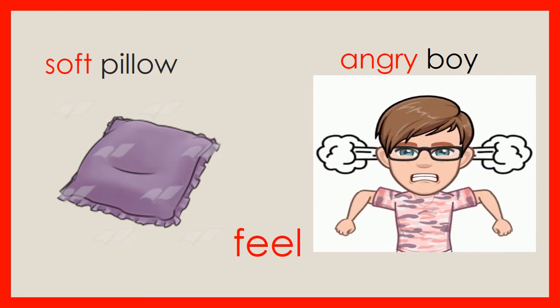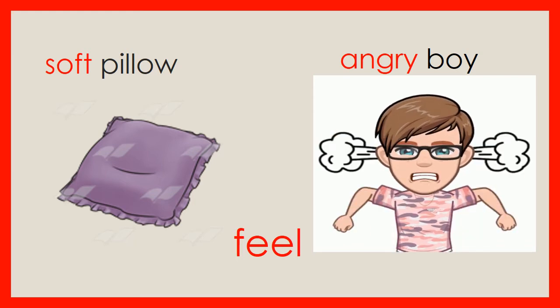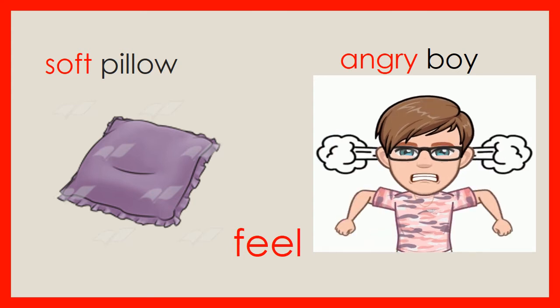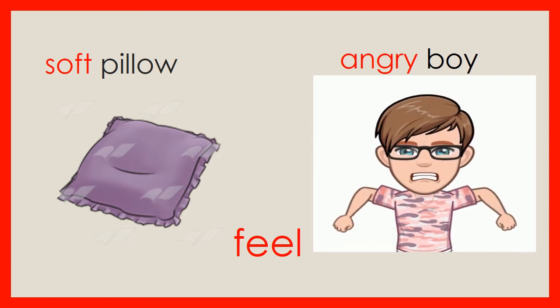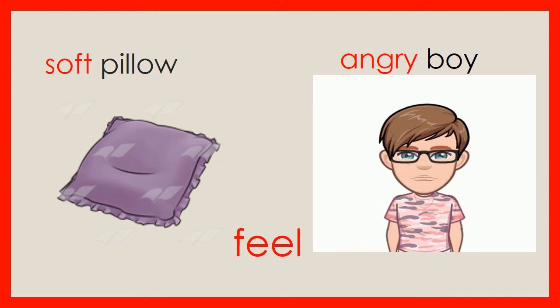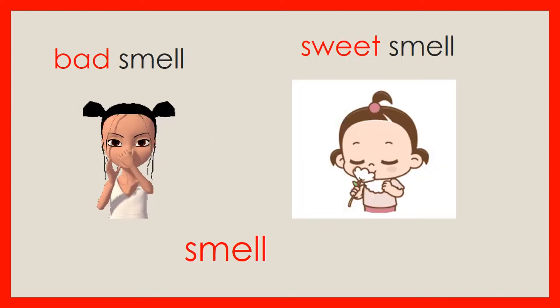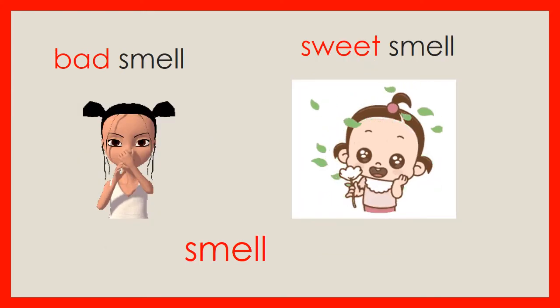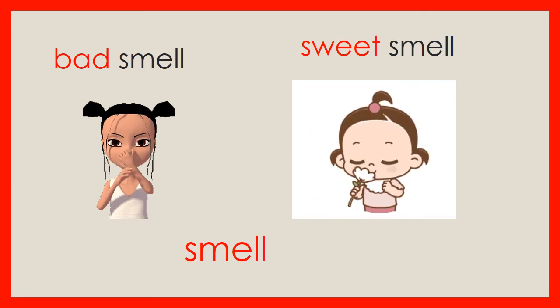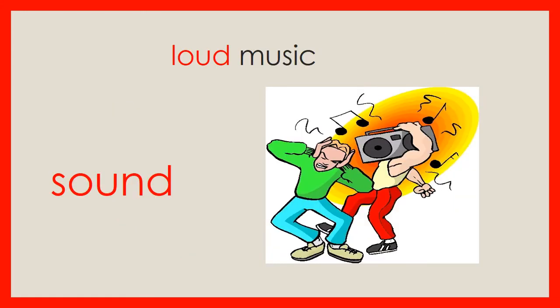Then feel, any sort of feeling like soft or hard, here soft pillow, or any kind of emotion like anger, angry boy, happy child. Smell: bad smell, sweet smell, pleasant smell, right? Then sound: loud music, sweet music, pleasant music.